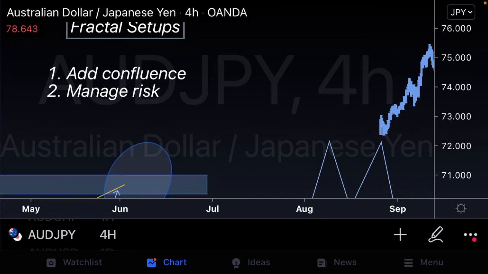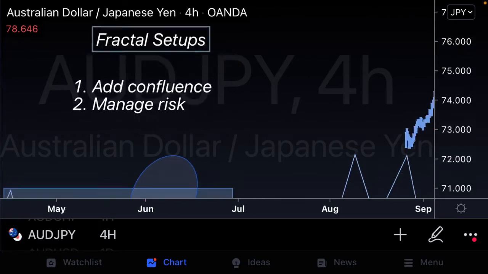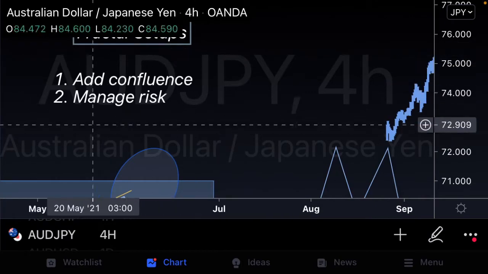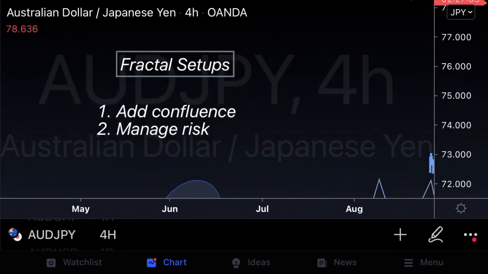As we take these pieces of information, we're going to prioritize, or add more value to, our higher time frame structures and our higher time frame pieces of confluence, and our lower time frame structures and pieces of confluence are there for two main reasons: to add confluence to our position and to help us manage our risk.